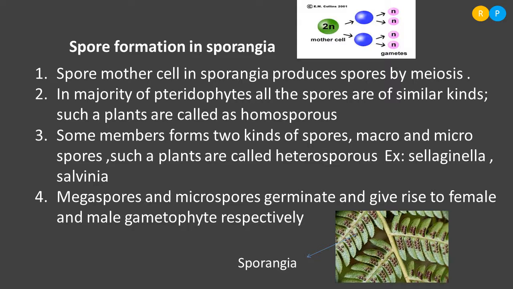Clear, children? So first you understand the spores and spore formation here. Till now, children, we have discussed only half of the life cycle of pteridophytes. This is only half the story. How the spore formation takes place, why the plant is called a sporophytic plant, only these things we have discussed.